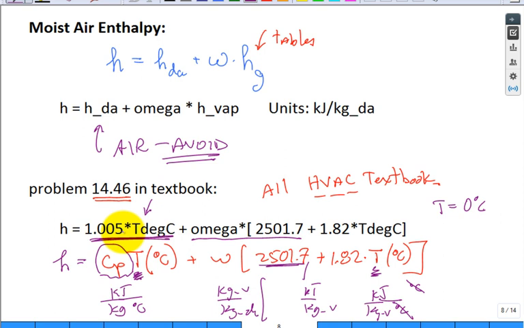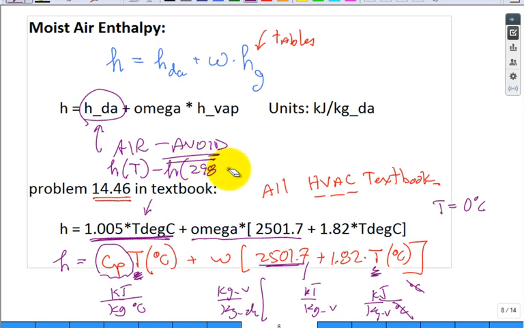Or if you want to really use the air table, you can do that. When you're talking about the enthalpy of dry air, put in the enthalpy at that temperature, but minus the enthalpy from the same table at 273 Kelvin, and it'll work. I don't know if I'm getting through.